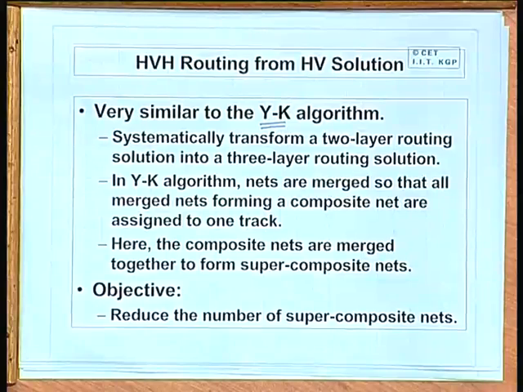Now, in this case you can go one step further. One step further means you can define something called supercomposite nets. Say a supercomposite net, for example, may consist of 4 different nets N1, N2, N3 and N4. Well, out of these, N1 and N2 can be placed on track 1 of the first layer, N3 and N4 can be placed on track 1 of, say, the third layer.